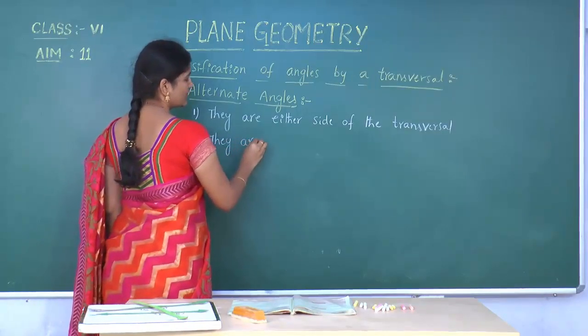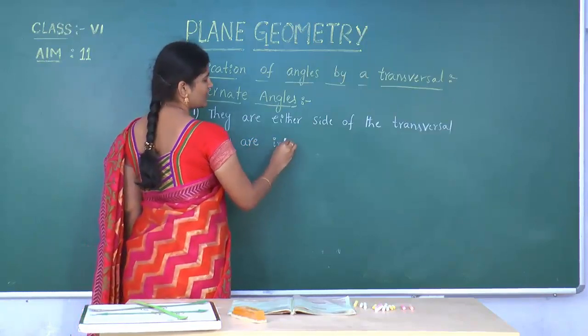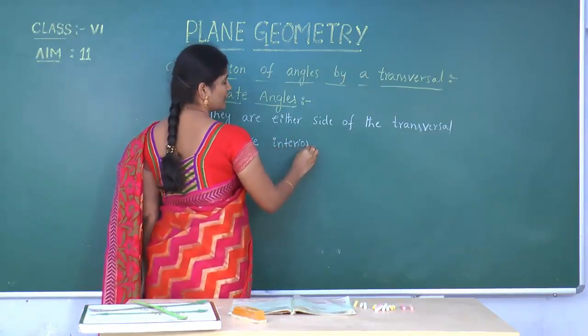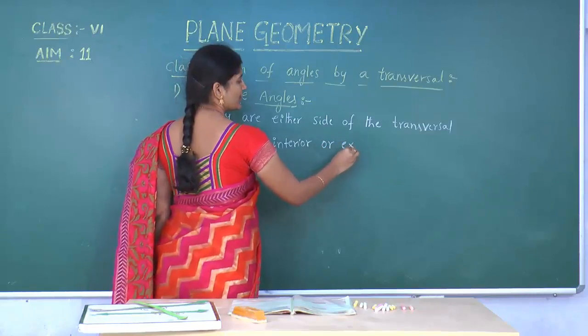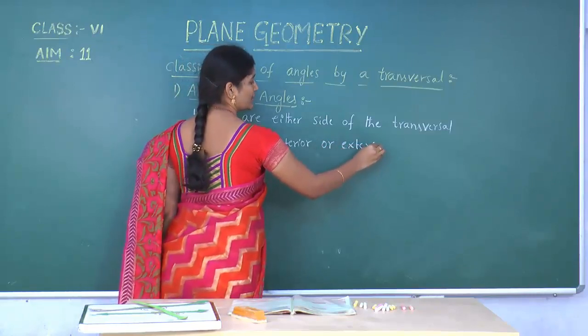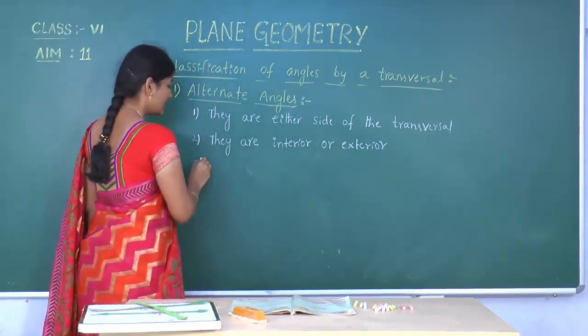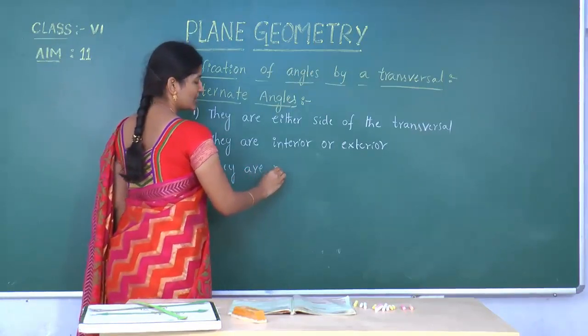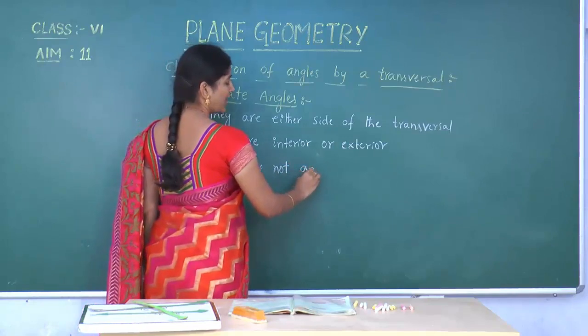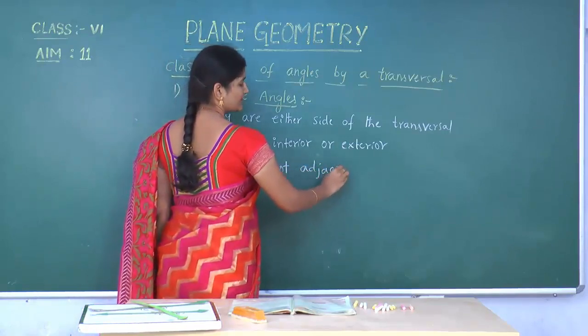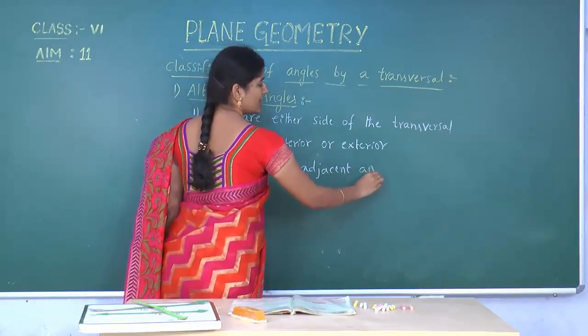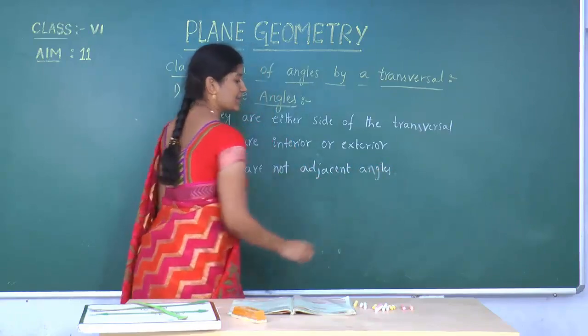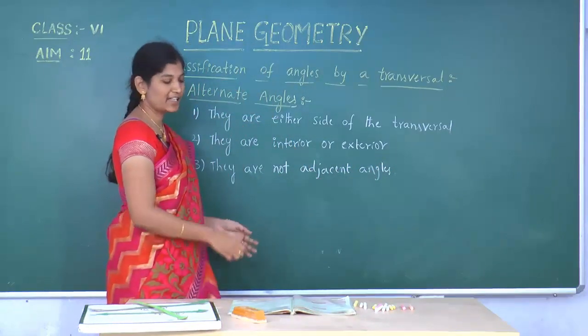And the third one is they are not adjacent angles. In this way we can classify them.